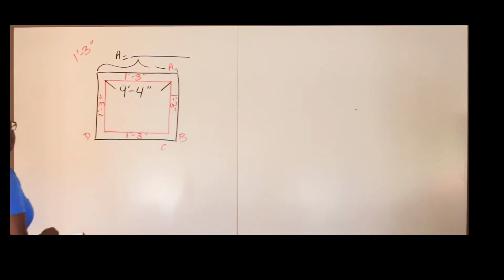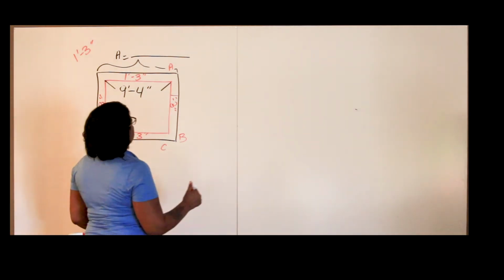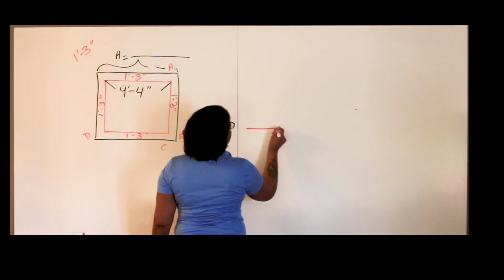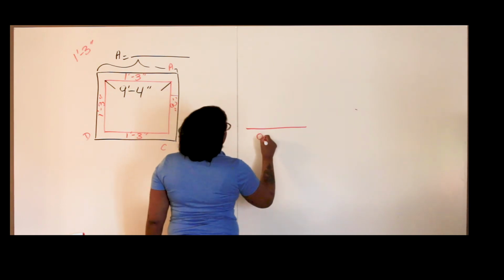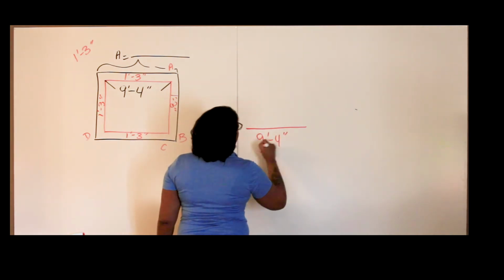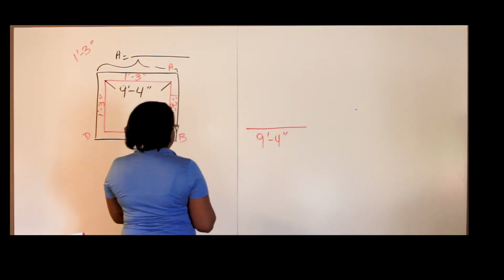All right, you need that information to find the interior or exterior. So side A interior, 9 feet 4 inches. The interior wall is smaller than the exterior wall. So let's reenact this over here with just straight lines. 9 feet 4 inches for the interior.